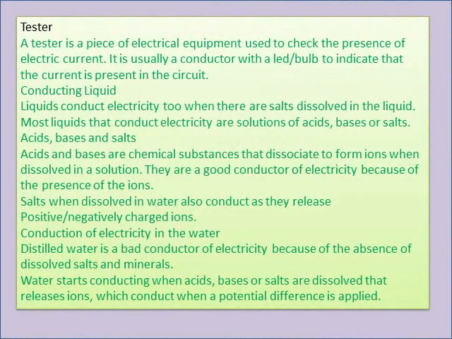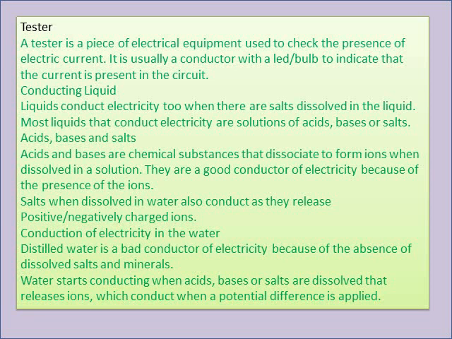Now let us design a tester for testing the conductivity of liquids. You would have seen a picture in the previous slide, and that is the tester which gives us the result whether the liquids are conducting or non-conducting. A tester is a piece of electrical equipment used to check the presence of electric current.